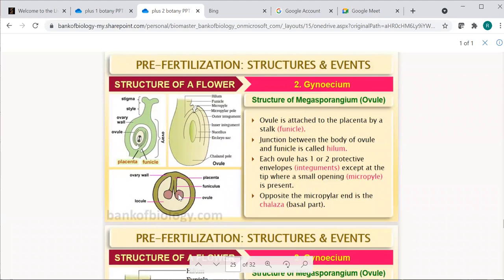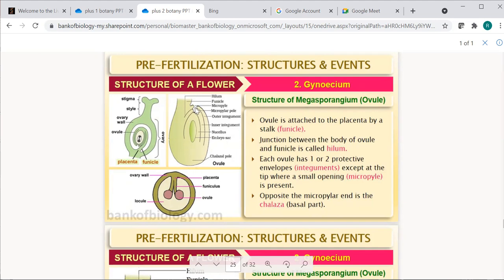Each ovule has one or two protective envelopes named integuments. So the ovule has one or two protective layers, known as integuments, except at the tip where a small opening, the micropyle, is present.